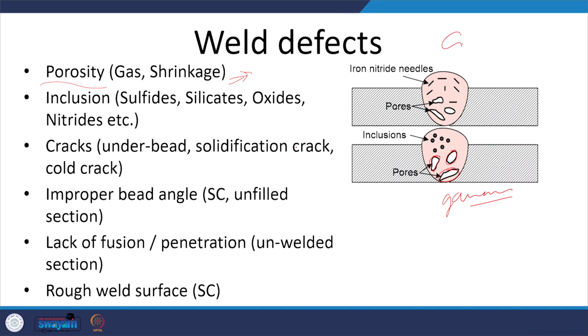When gases or atmospheric air are present around the weld zone, the molten metal interacts with the air and forms certain compounds.